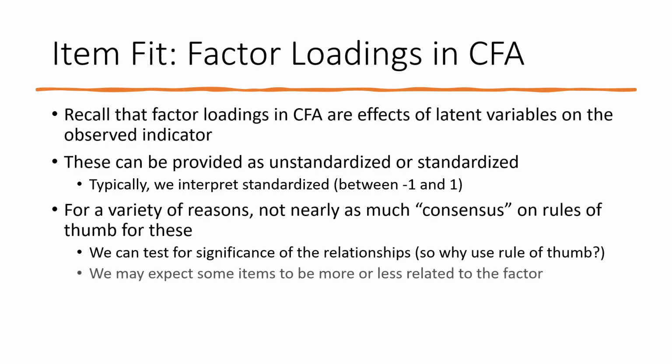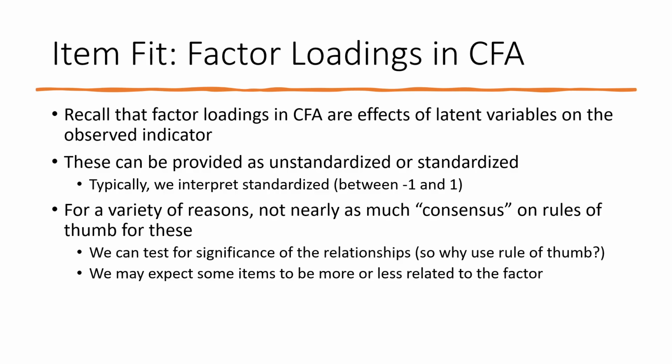The second reason is sometimes, based on theory, we may expect some items to be more or less related. So for instance, sometimes I might be studying a factor where I've included an item to represent a new facet of that factor that really isn't covered in all the rest of the items. So the item loading on that factor might be relatively low, but it might be because that's a new facet that isn't broadly reflected in the other items on that factor.